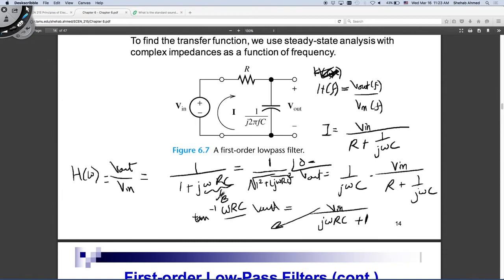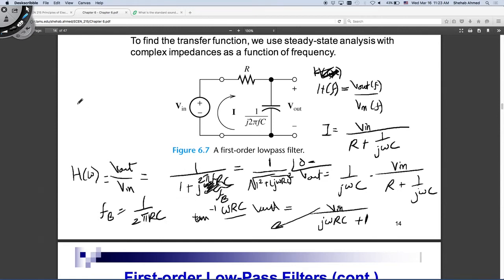So this is 2 pi FRC. So they call the 2 pi RC, they call it FB. Or 1 over 2 pi, sorry, FB is equal to 1 over 2 pi RC. Okay, so they call this 1 over 2 pi RC FB.